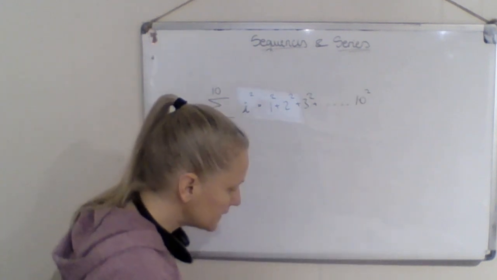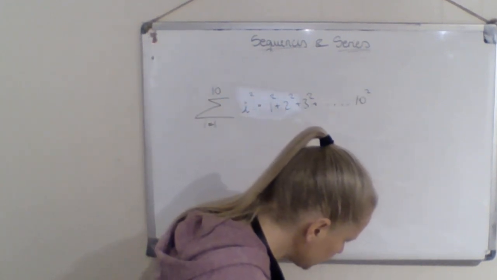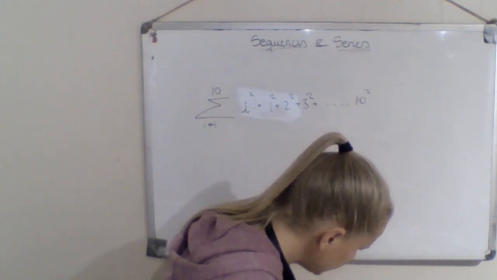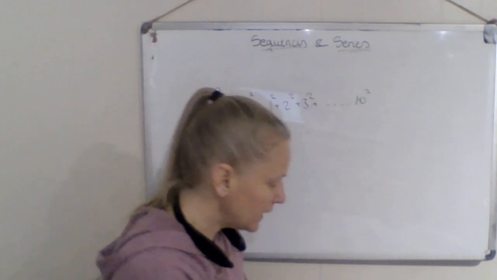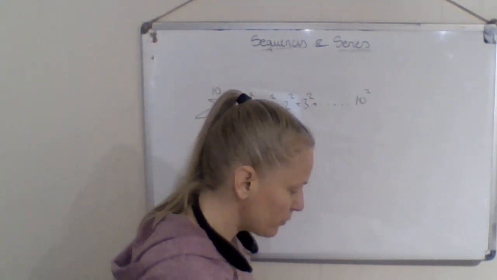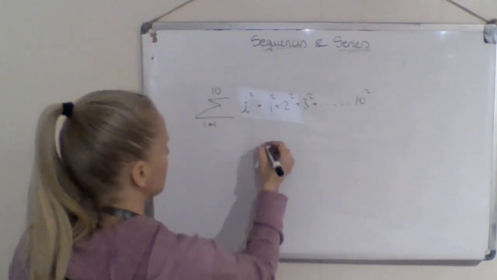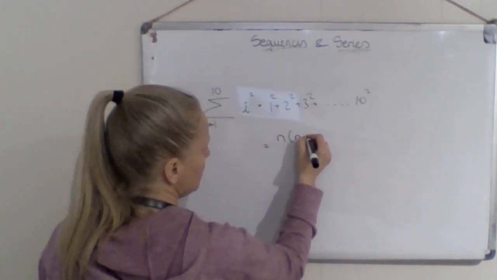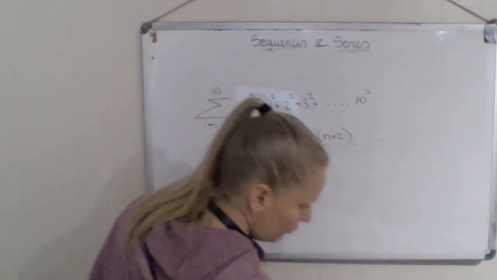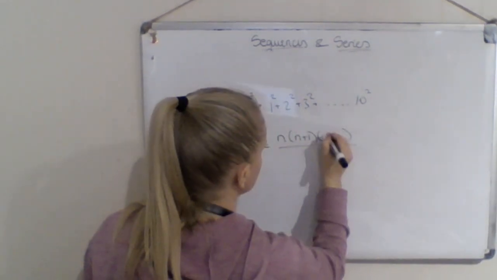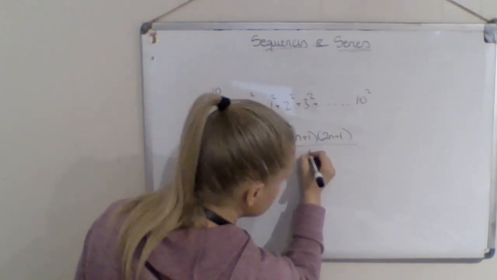Where is this very beneficial? Let me look at which formula we're using, which is formula number 3 on that little sheet. If you have a formula for the sum from i equals 1 to n of i squared, this becomes n times n plus 1 times 2n plus 1, all over 6.